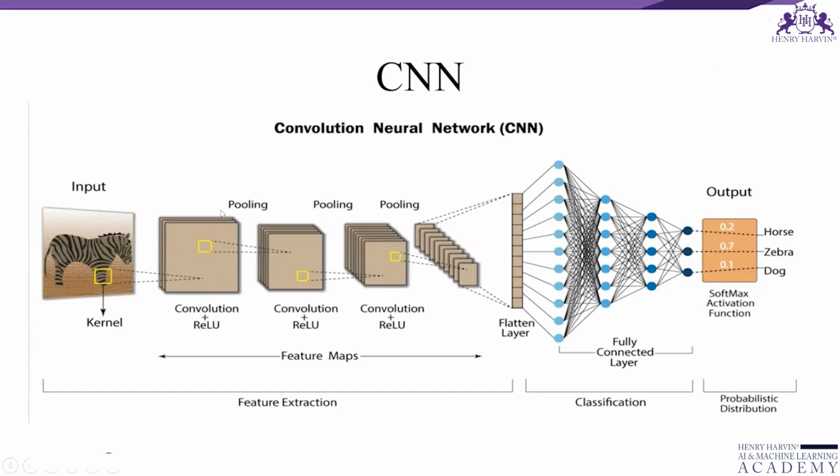And then we do pooling, meaning maximum or average pooling, which we have studied. Then the next convolution layer with ReLU, then again pooling, then convolution with ReLU, then pooling, and then we flatten it so that we can change from 3D to 1D. I hope this is very clear to you.